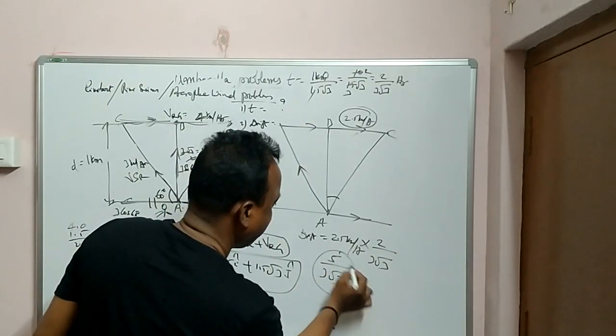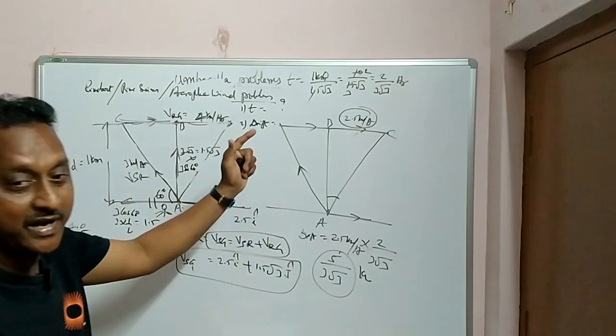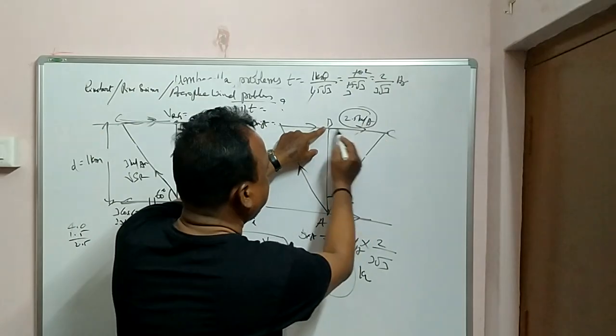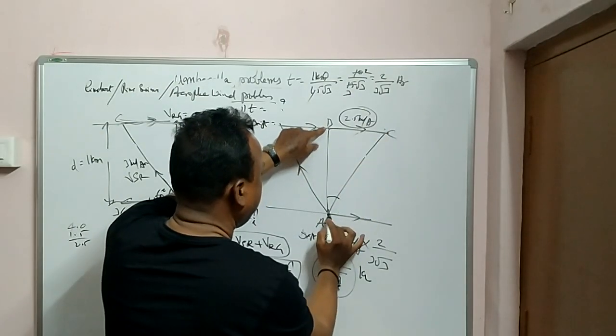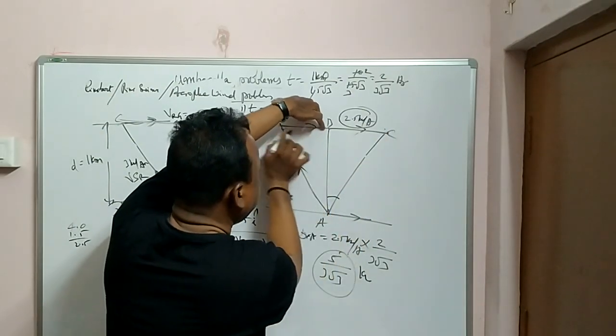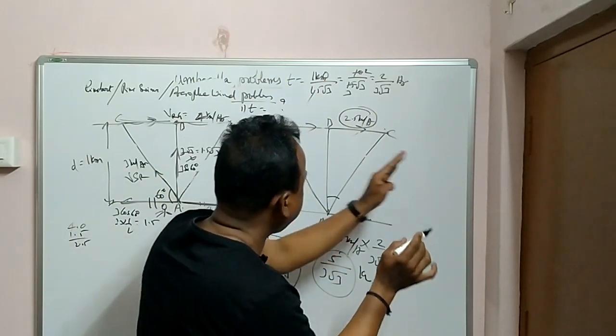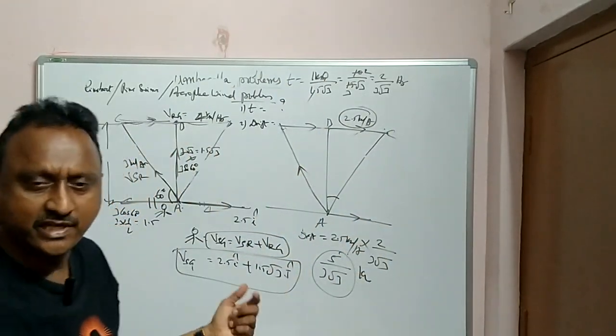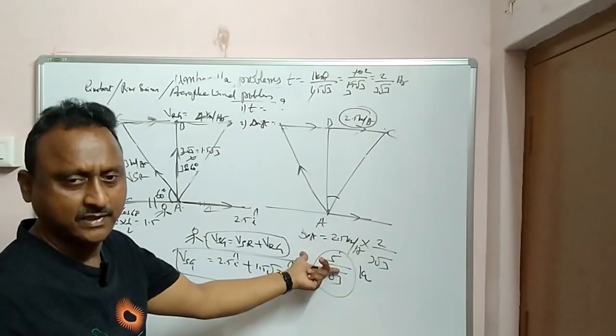This is the drift given by the water for the swimmer. After starting from here, because of drift he will come in this direction. So the drift BC is finally 5 by 3 root 3 kilometers.